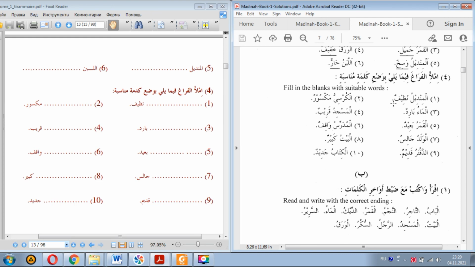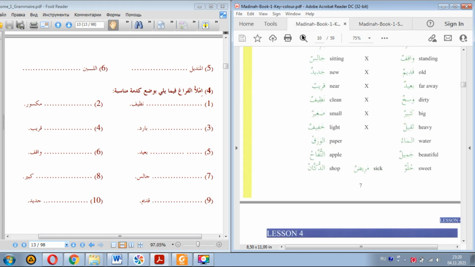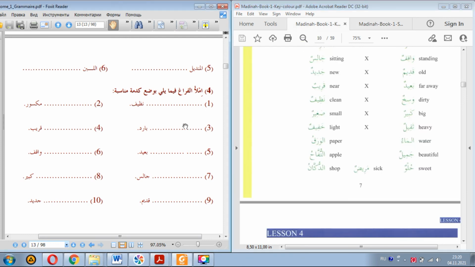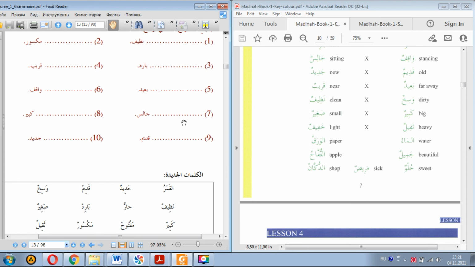Both of these answers are right. Al-kursiyu maksur, and so on and so forth. But do it on your own without looking in this book firstly, and then you can take a look in this book. So in this way, inshallah, you will benefit more, because you need to get used to using these words that you learn in this lesson.